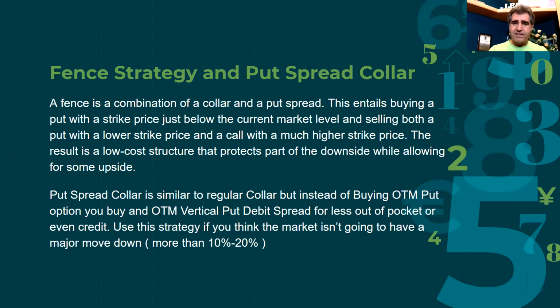So what the fence does is, again, we sell the call, but we buy a put right before the current market price, and we finance that by going farther out of the money on a put option and selling it. So we get the financing in 2 places: from selling the call, and from selling that out of the money put.